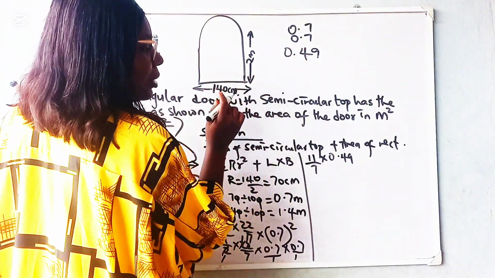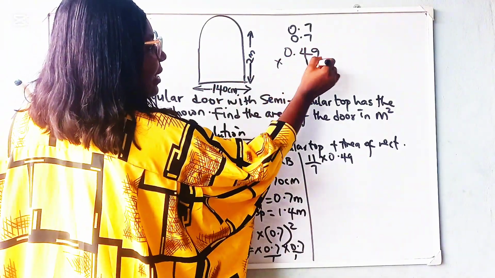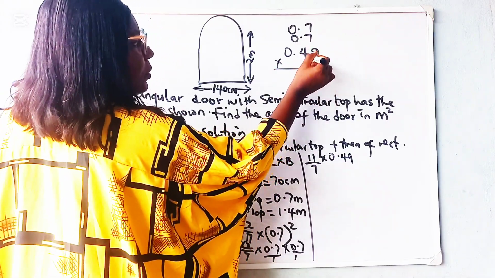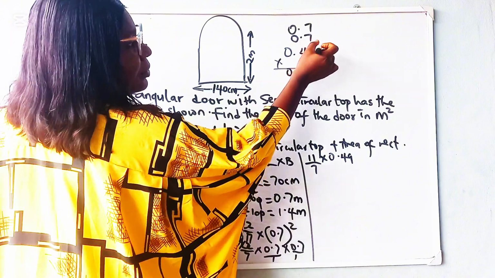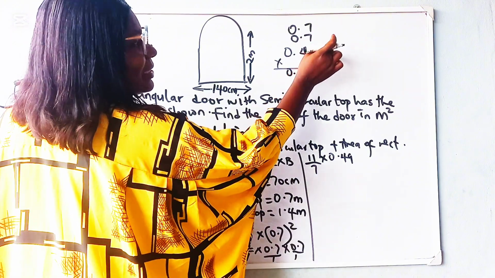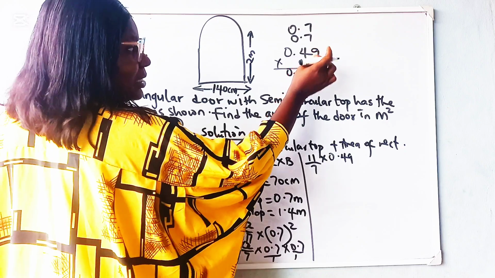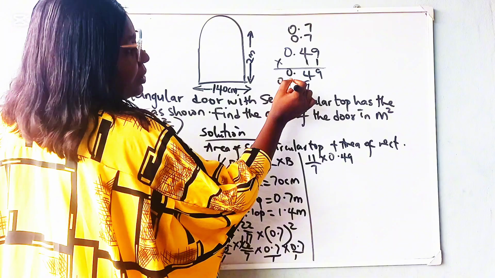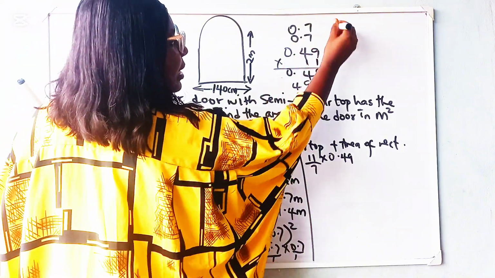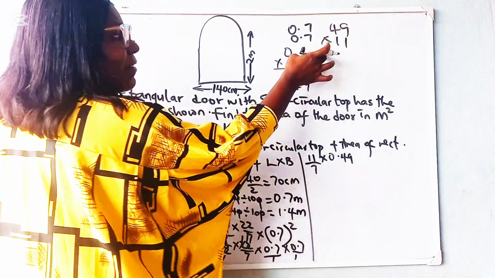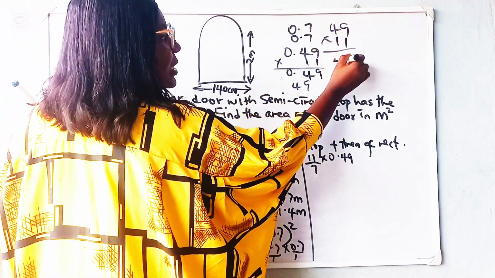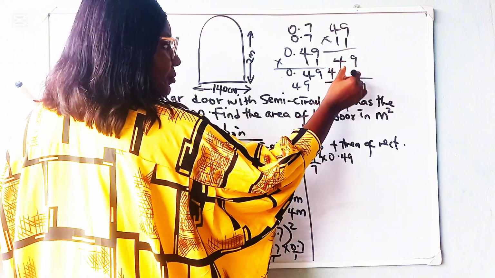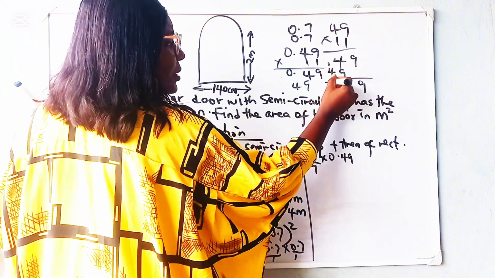Next, we multiply 0.49 times 11, because that's what we are seeing here. Let's do it this way: 49 times 11. 1 times 9 is 9, 1 times 4 is 4. Again 1 times 9 is 9, 1 times 4 is 4. We add up: I have 9, 4 plus 9 gives us 13, plus 1 gives us 5.